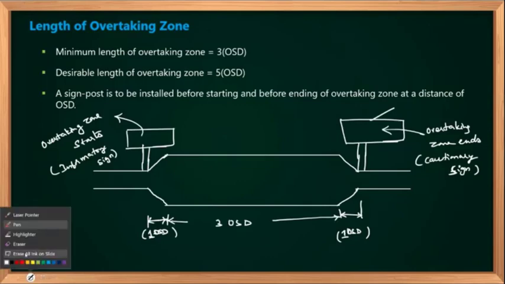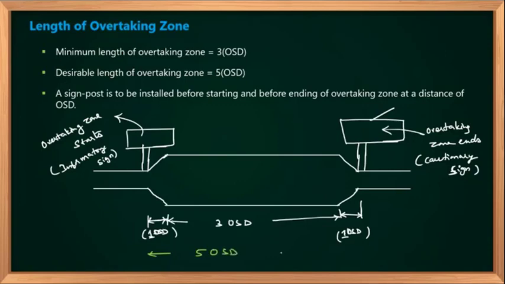So when you add all, it will be around 5 OSD. This is called the desirable length of overtaking zone.